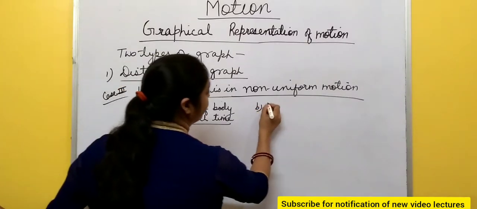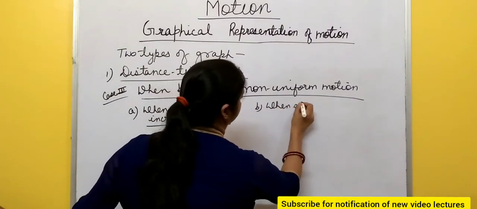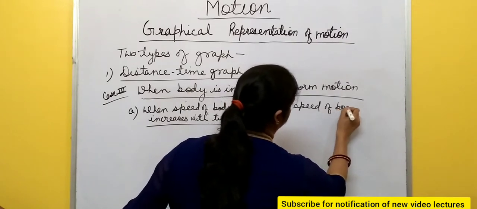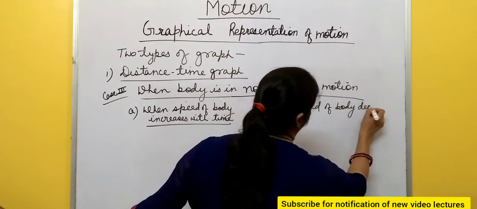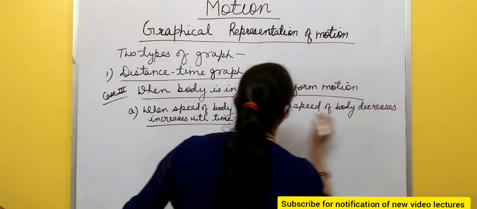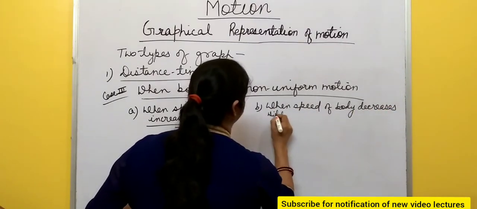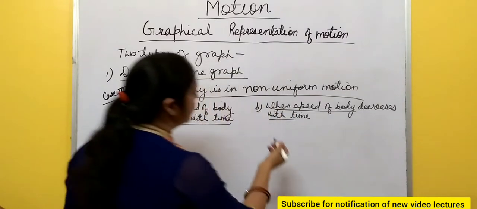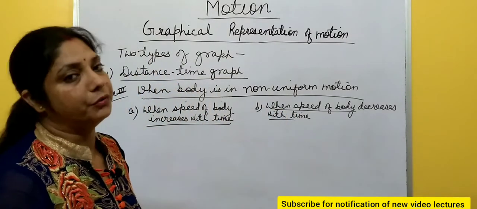And second, when the speed of body decreases with time, right? Because this is the case of non-uniform motion.